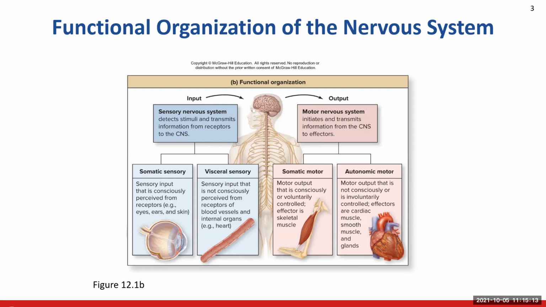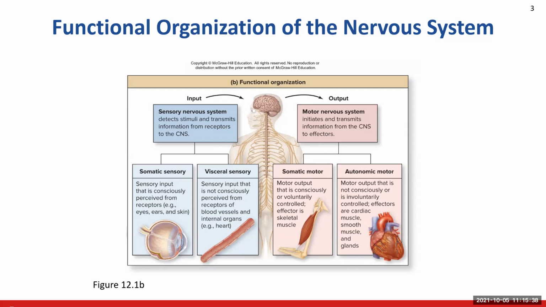So we break down our sensory nervous system into 2 parts. You have your somatic sensory and your visceral sensory. So the somatic sensory is all the sensory input and information that's coming in that you can consciously perceive. So your 5 senses, taste, sight, hearing, that is somatic.